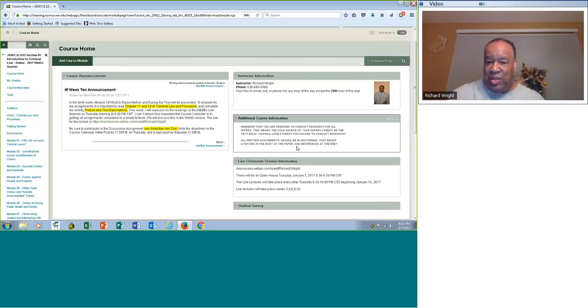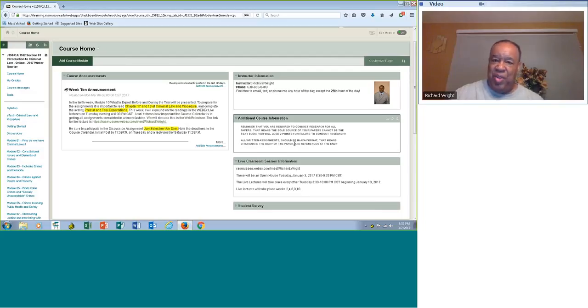Most of our papers are 2 pages long. There's only one assignment that has a 1-page paper, but most of the assignments, both the written assignments and the projects, are 2 pages long. So there should be proper citations throughout the body of the paper.